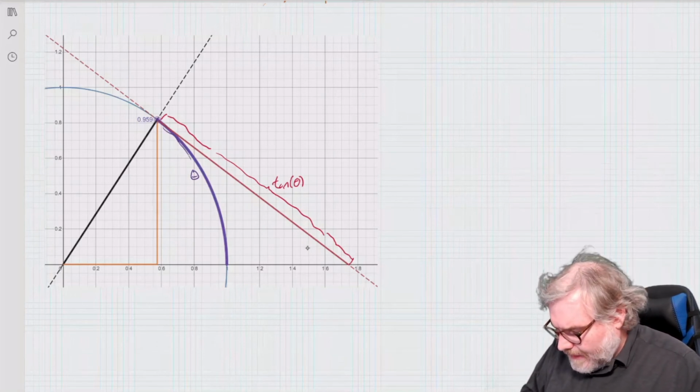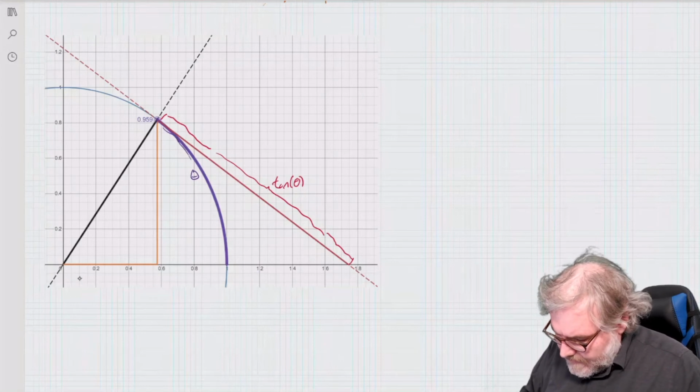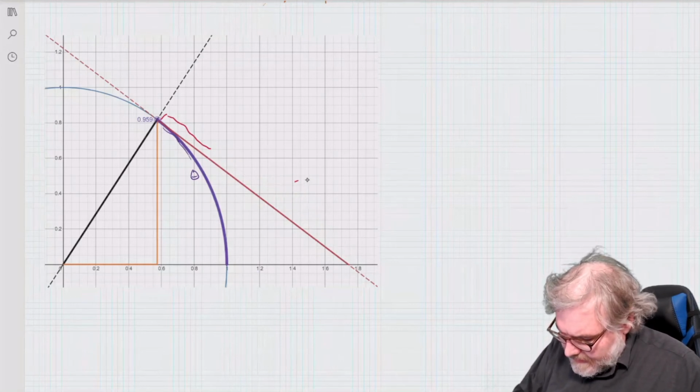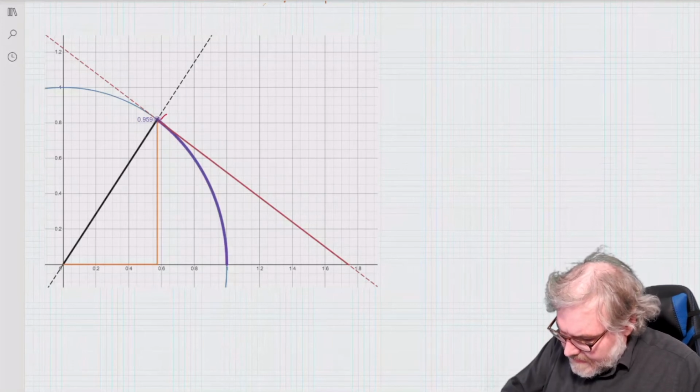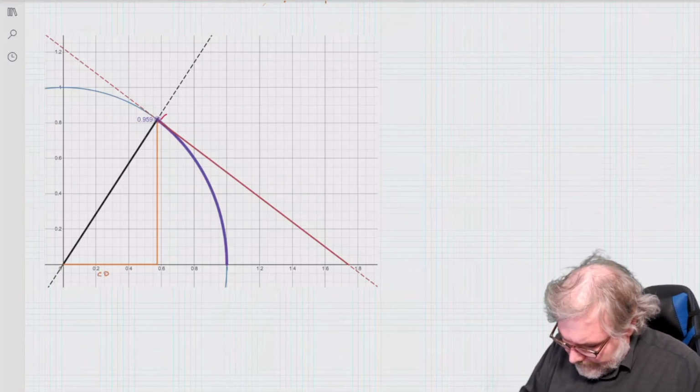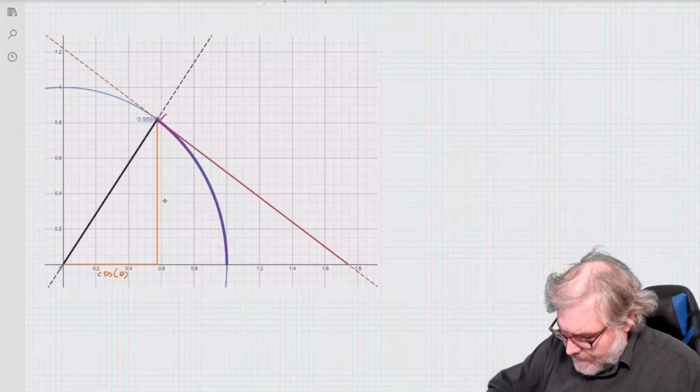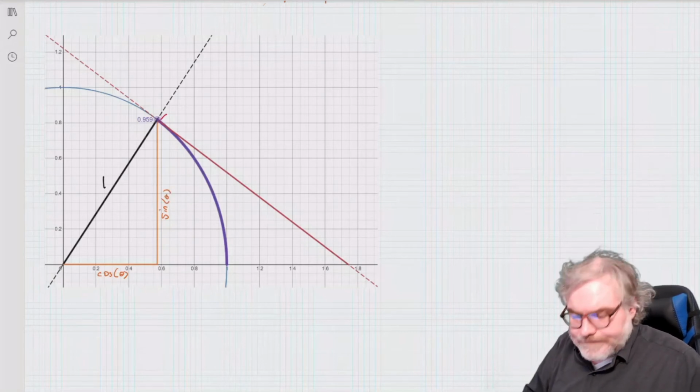This length right here is the tangent of theta. This right here is the eastiness. And this right here is the northiness. This length right here is 1.